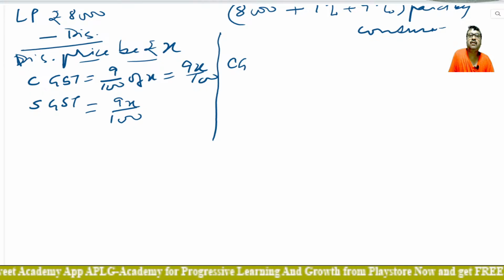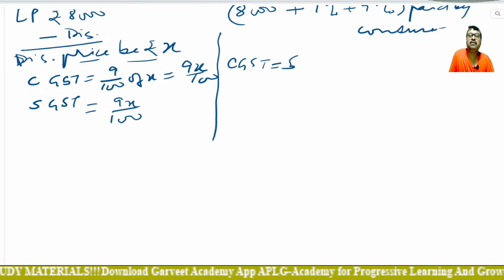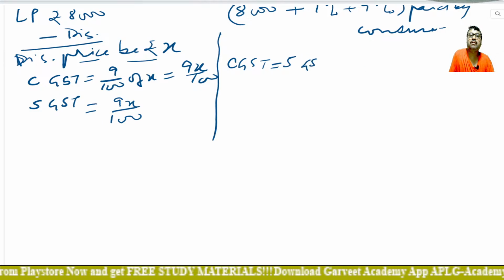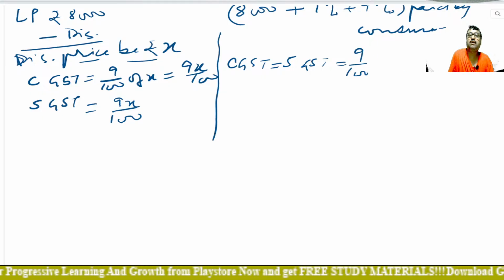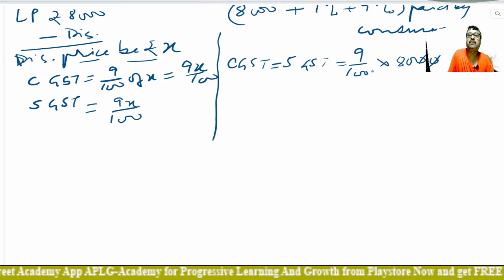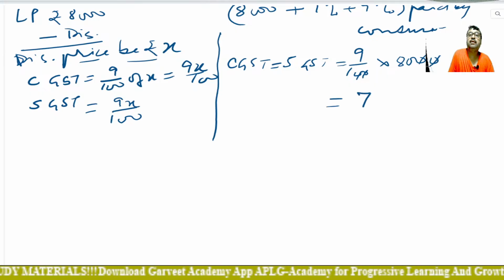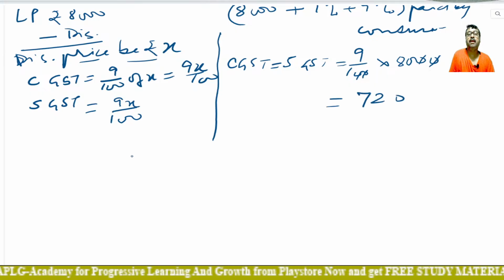CGST, and it will be the same as SGST. It will be 9% of 8,000. 9% of 8,000 will be how much? 720. Okay.